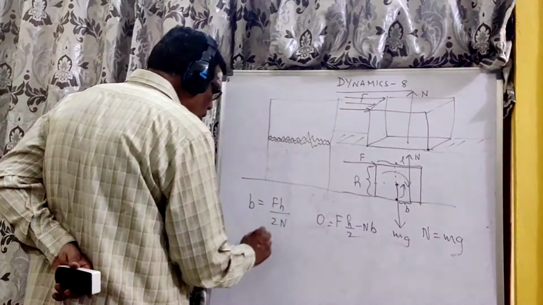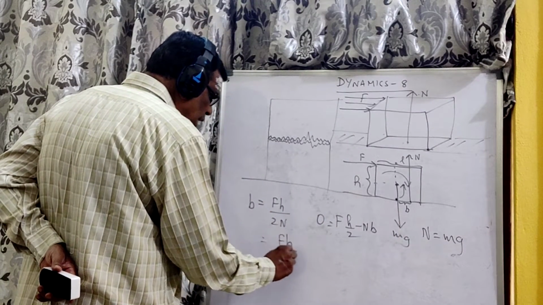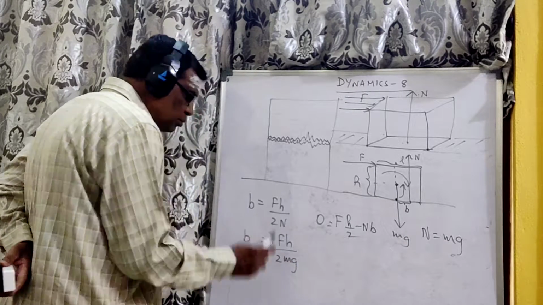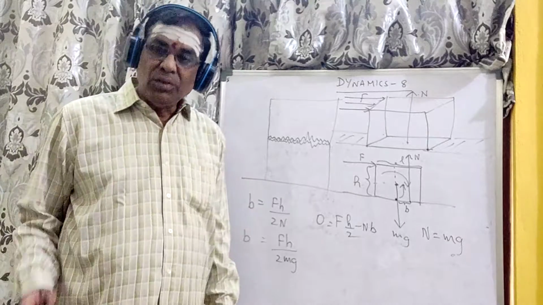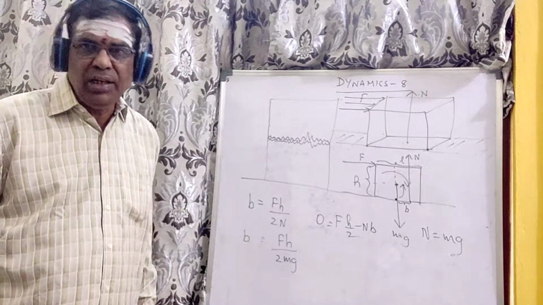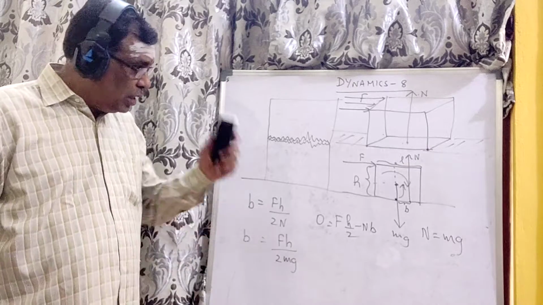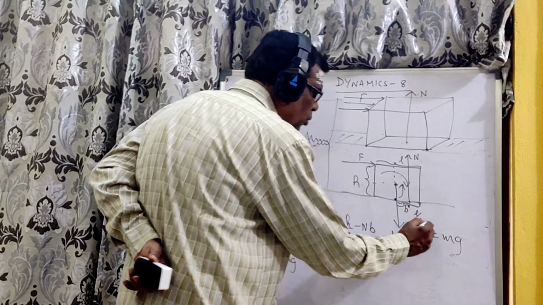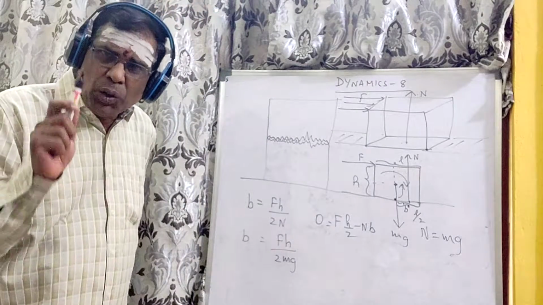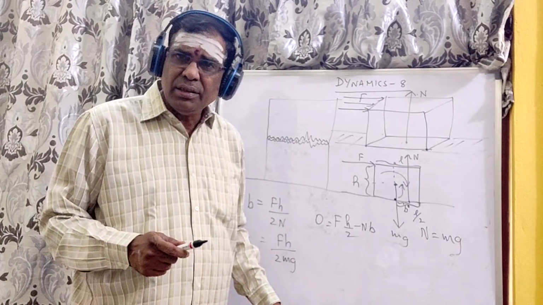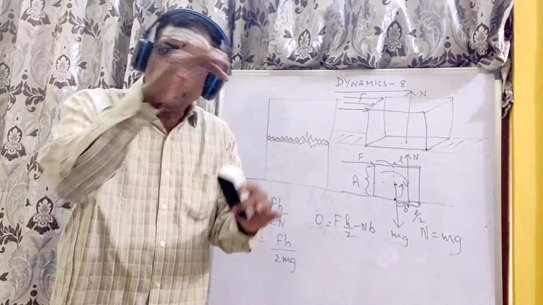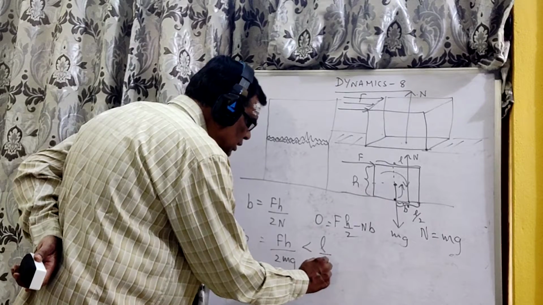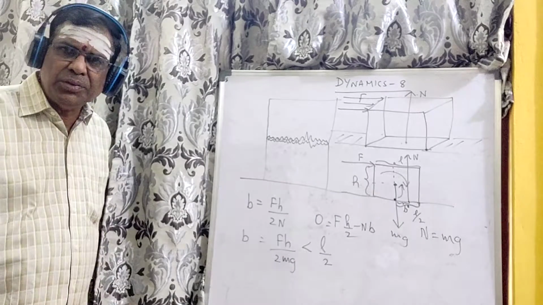So, if N is equal to mg, I can write this as, so this is the distance to which it will get shifted. Now let me tell you what is the maximum that it can move. If you don't want the body to get toppled, your x must always be less than L by 2.